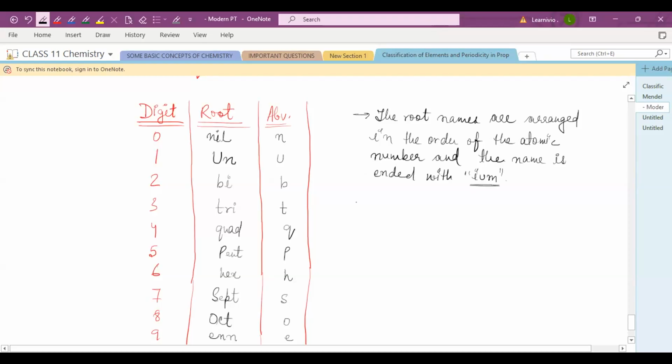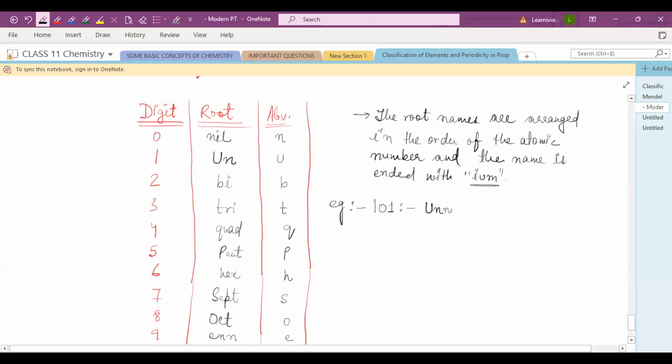For example, let's see some names. If the atomic number of an element is 101, which is greater than 100, how do we name it? We take each digit. For 1, the root word is un. For 0, it is nil.